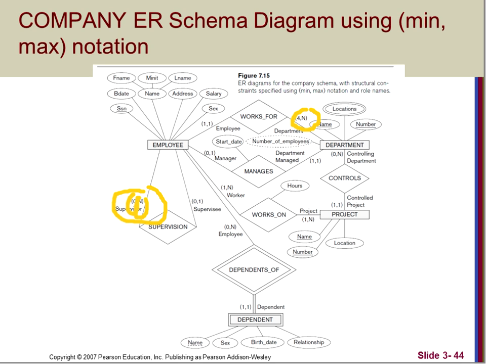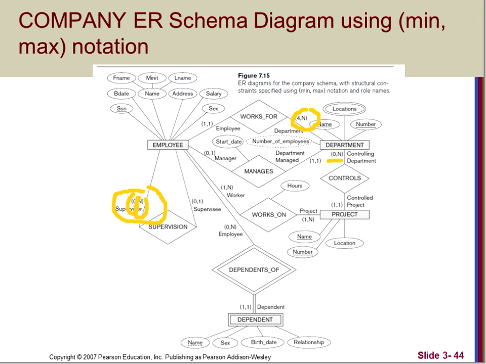So in short, min-max notation can specify the details of the constraint or the cardinality of the relationship. Then you can easily understand the details of the regulation or such a constraint. Somebody likes the min-max notation, somebody does not like it because it's too specific. So it's up to you.